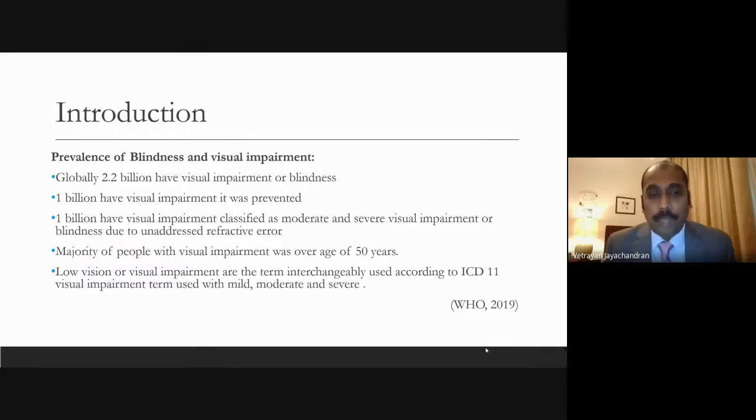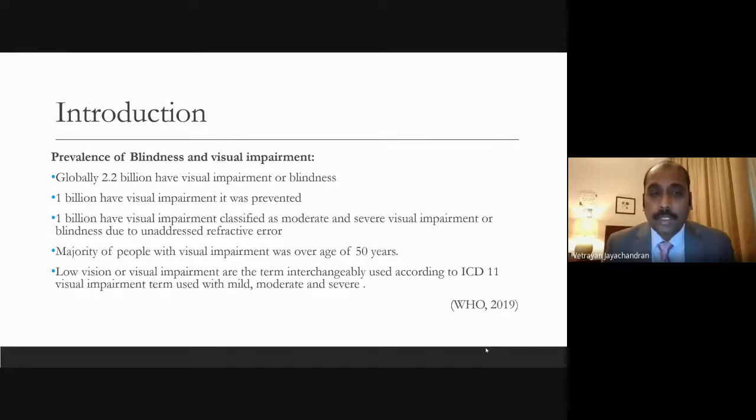But 1 billion people with visual impairment are not able to address their refractive errors. They can't get appropriate treatment or glasses to correct their vision, so they are classified as having moderate to severe visual impairment. One billion is a huge number.